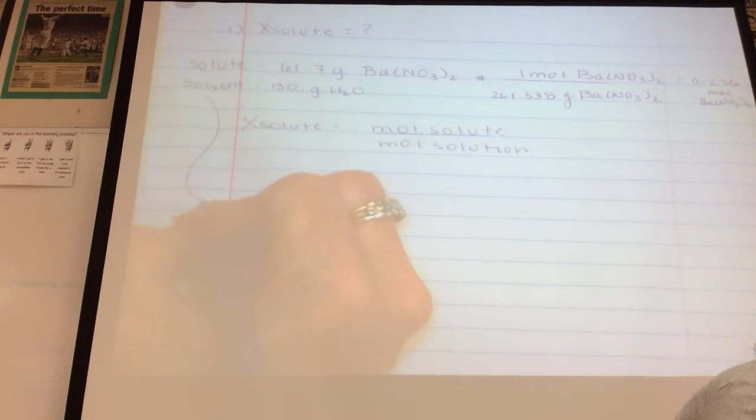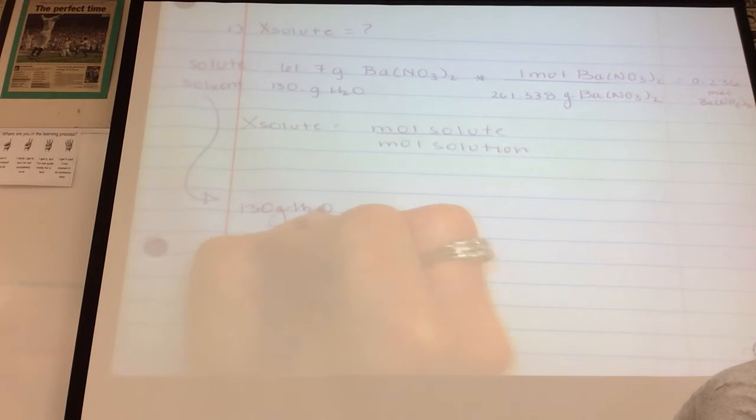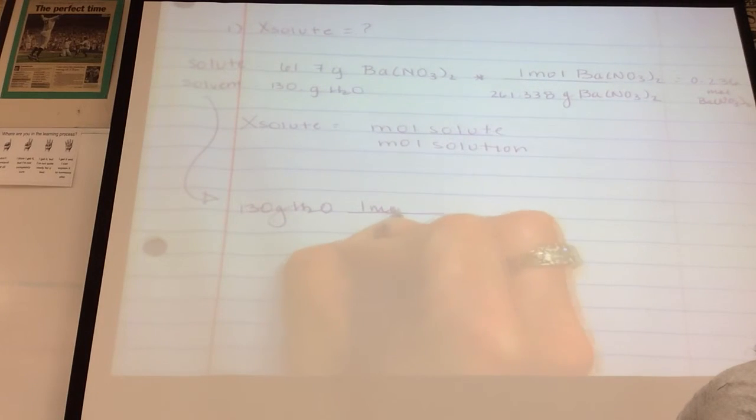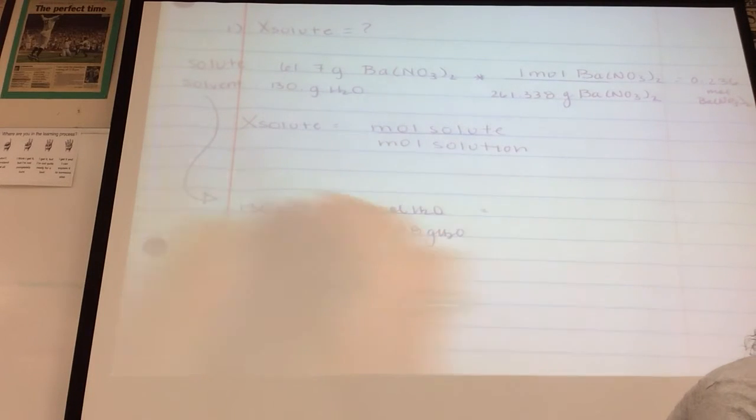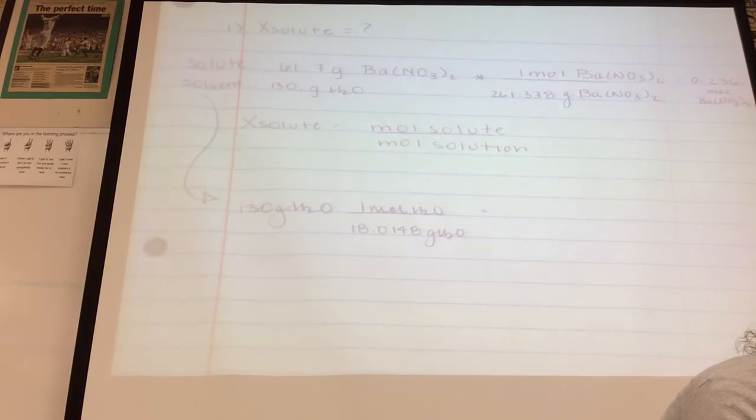Then we also have to work with the solvent. We have 130 grams of water. 1 mole of water is 18.0148 grams of water. We remember that from hydrates.